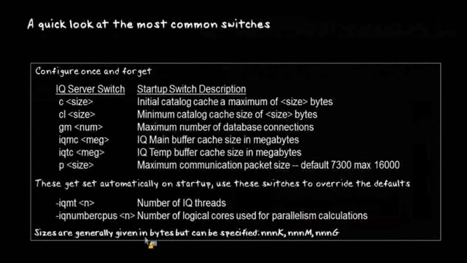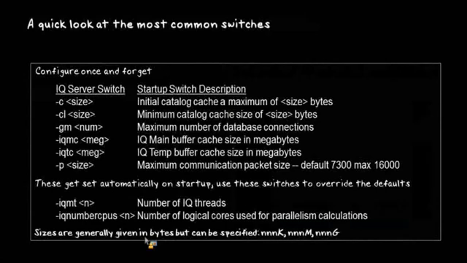Now, I told you I'd go through some of the command line switches to start IQ at the end of the presentation, so we're there now. We typically set some memory configurations for the IQ catalog cache, and those are done with the -c and -cl switches. We'll also be configuring the maximum number of database connections with the -gm switch.